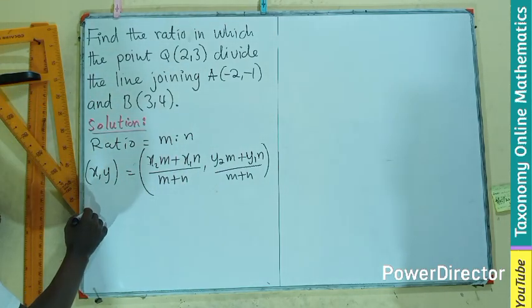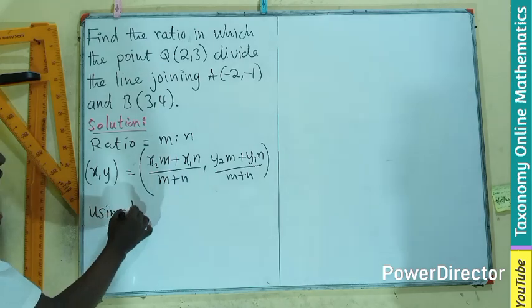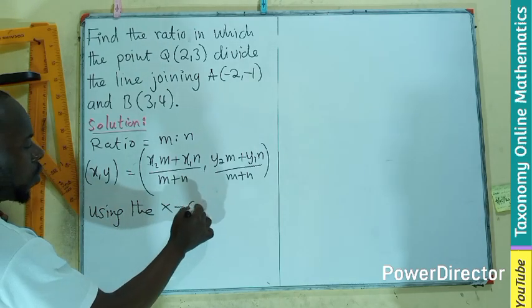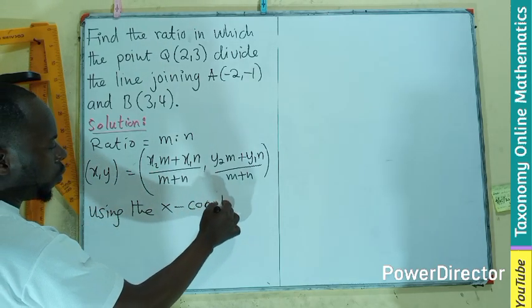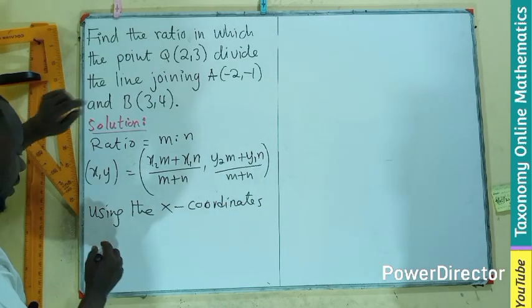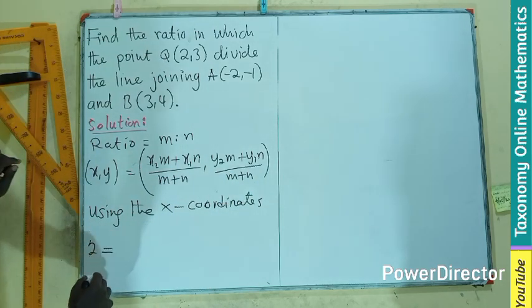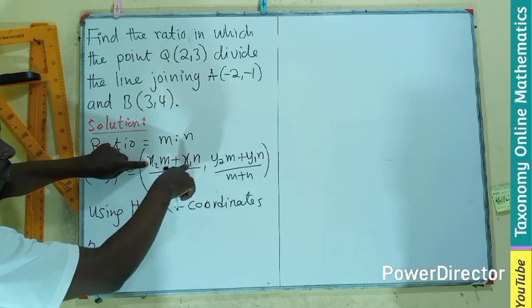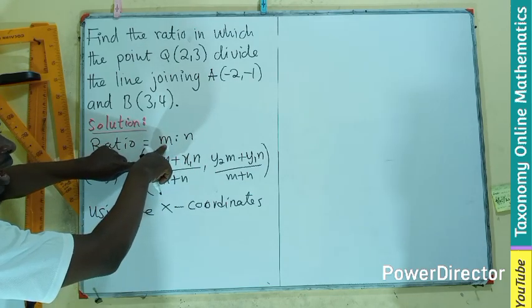So let's say, using the x coordinate, I can say that the point 2 should be equal to this value here, where this is our ratio.